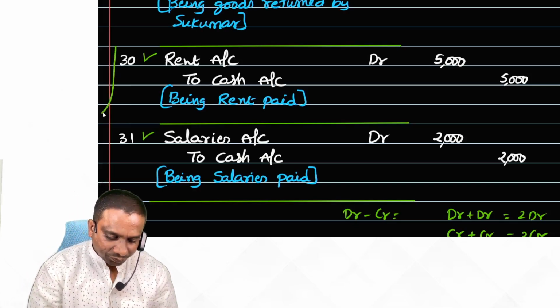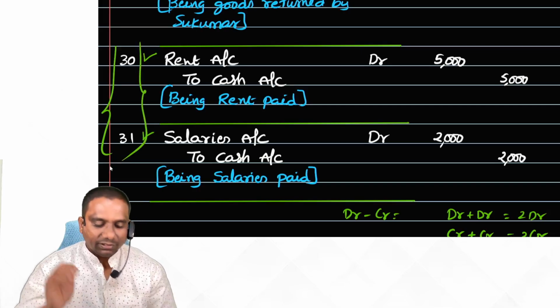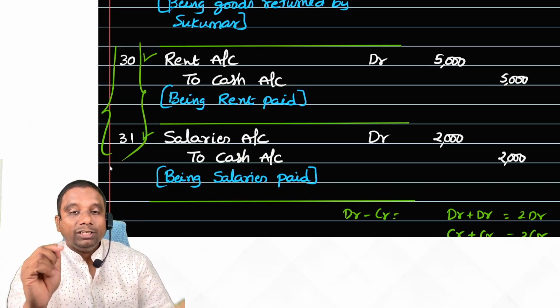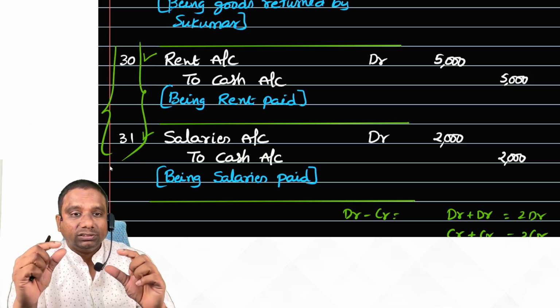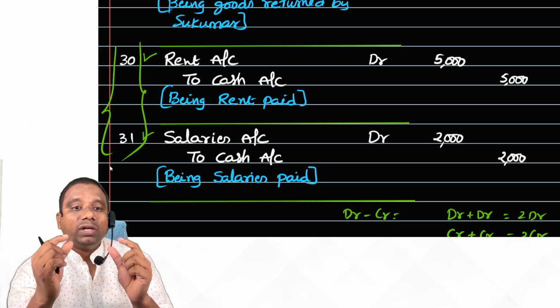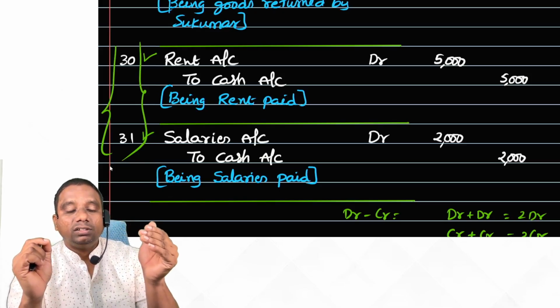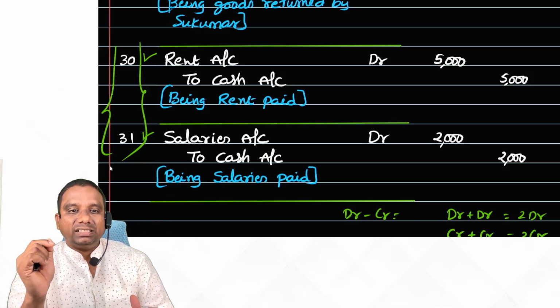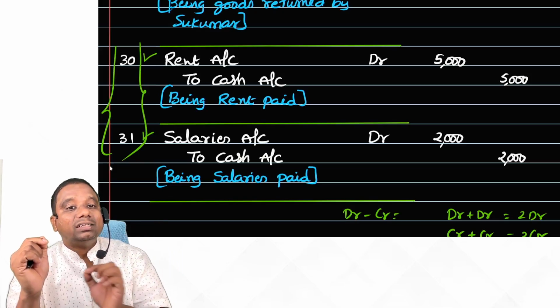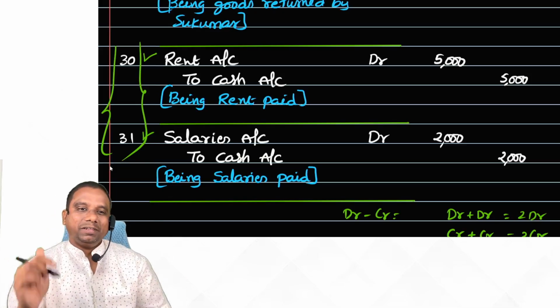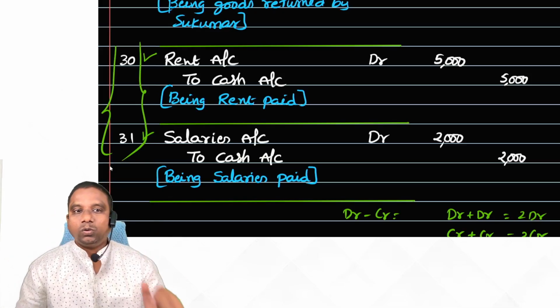Suppose the same two transactions happened on a single day, either 30th December or 31st December, then we can write a compound entry.